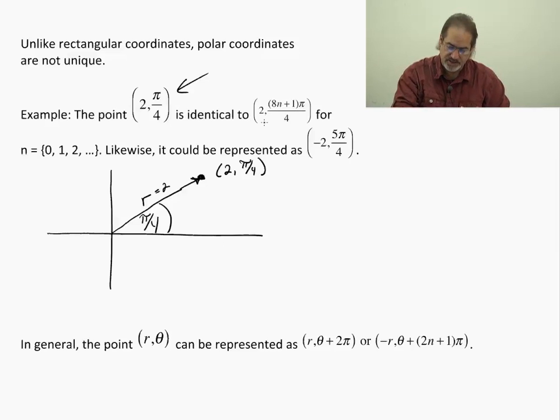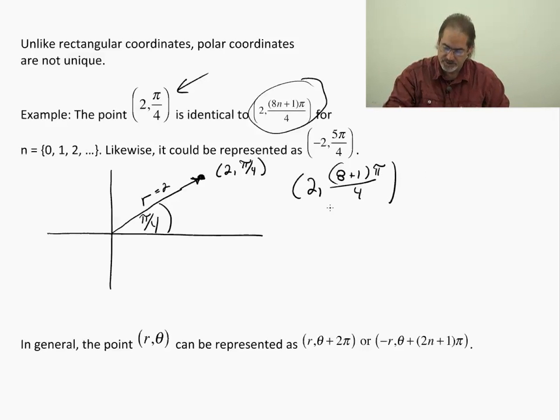Now it's suggesting that I could write it in this form too. Well, for n equals 0, this is 2 and pi over 4. But if n equals 1, then I'll have the coordinates 2 and (8 plus 1) pi over 4.